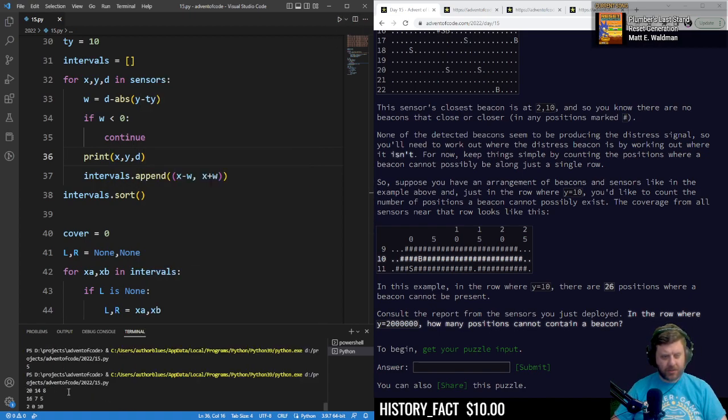So these are the sensors that it believes are close enough to appear at the y equals 10 line.